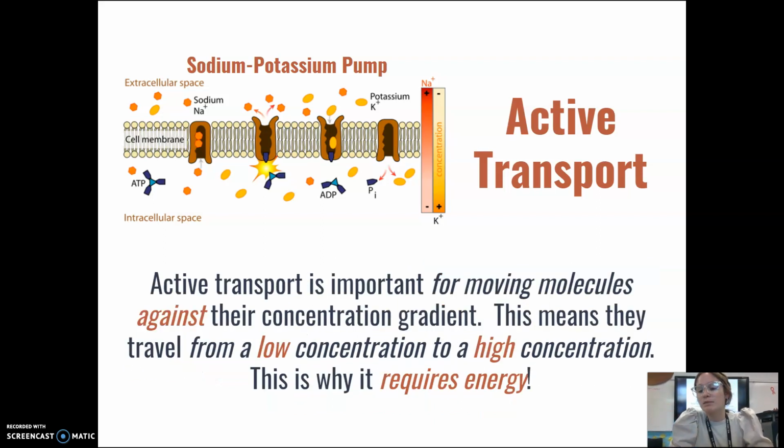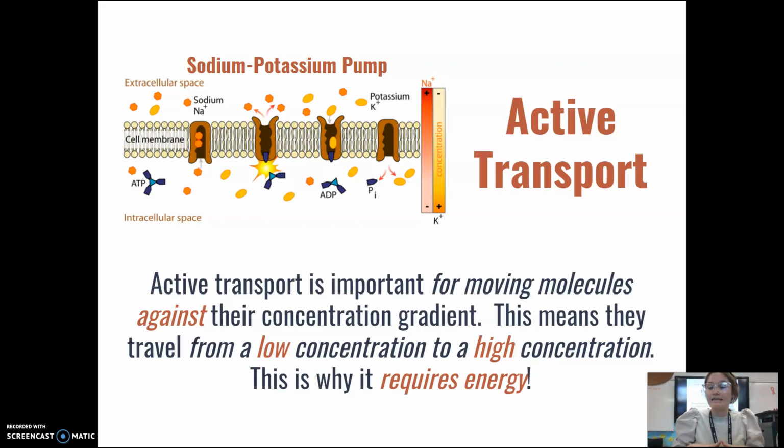This is also important to talk about because they're moving against their concentration gradient. So when we talked about diffusion in the passive transport video, the molecules are moving from a high concentration to a low concentration to kind of balance out.